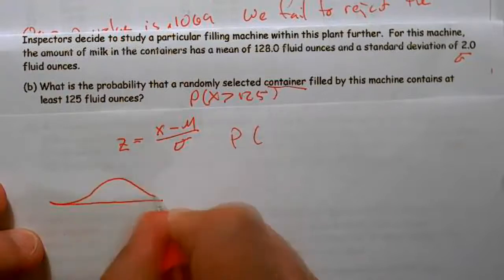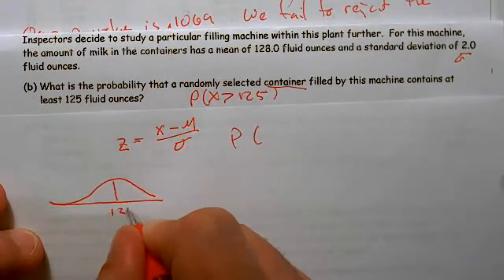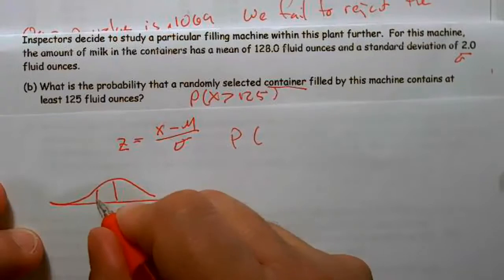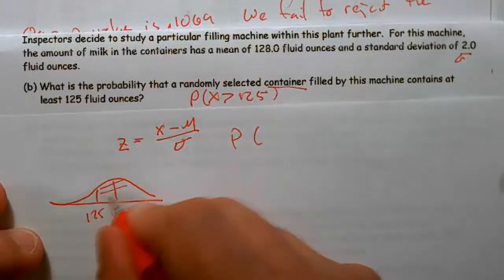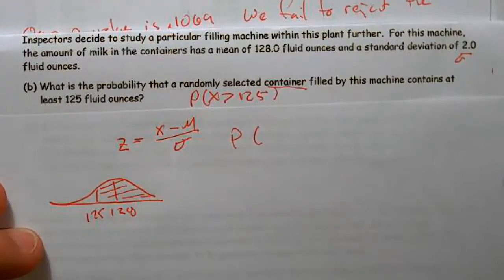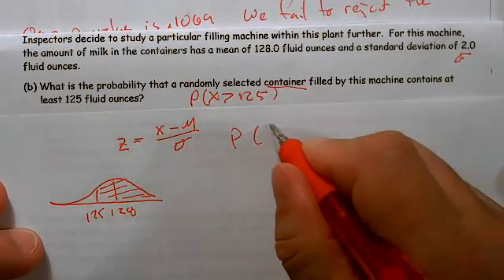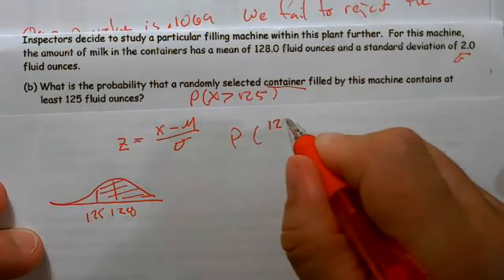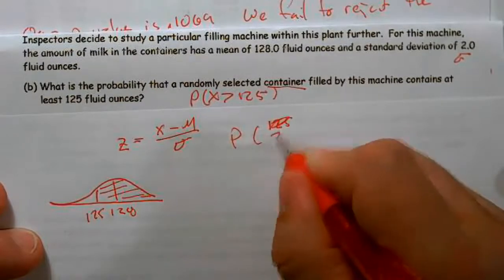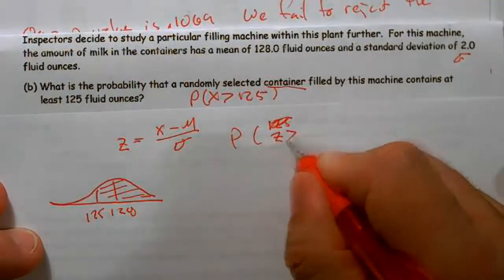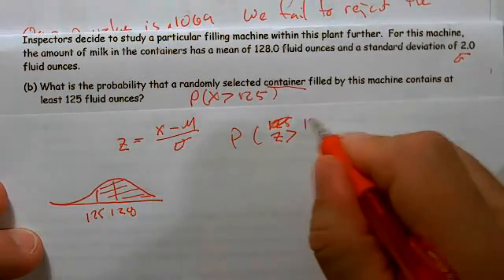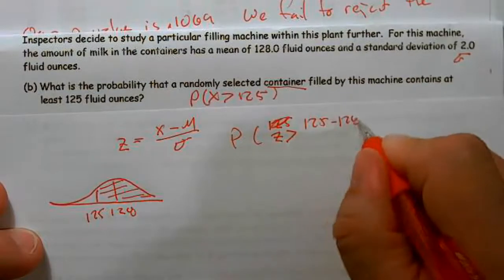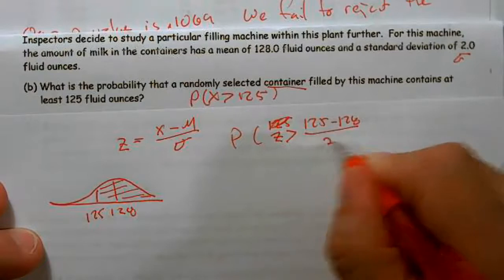It'll help me out too. 128. This is at 125. And I should be shading up like that. Well, right away, I should be looking at that and going, hey, you know what? This should be more than 50%. So probability that X is at least 125, probability that Z is greater than 125 minus 128 over 2.